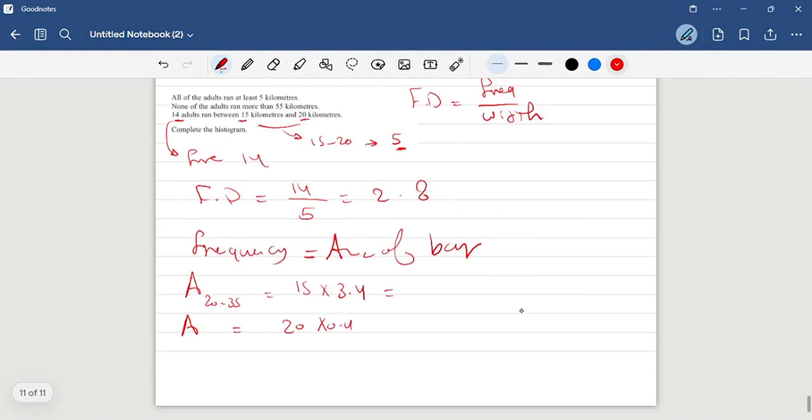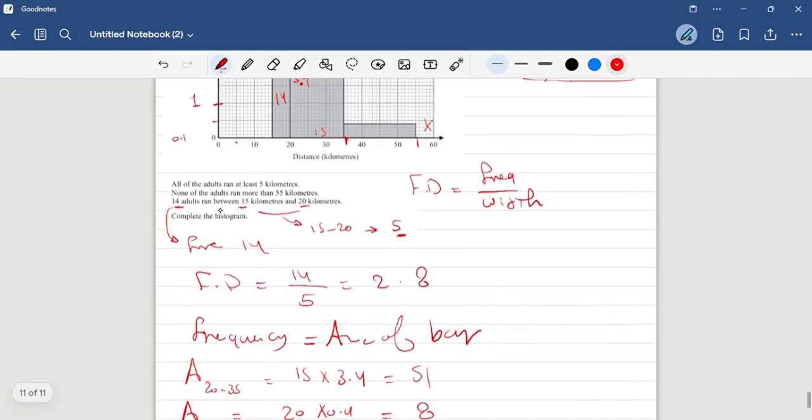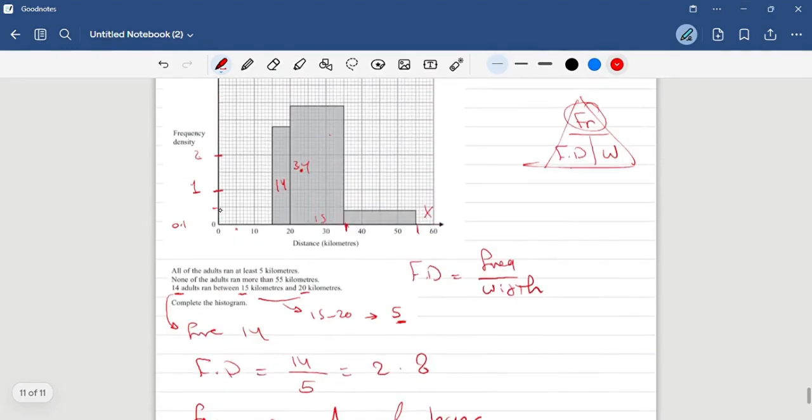So for this part, let's calculate 15 multiplied by 3.4. It will be 51. Now 20 multiplied by this one, 4 over 10, will be 8. Okay. So now this is represented by 51.